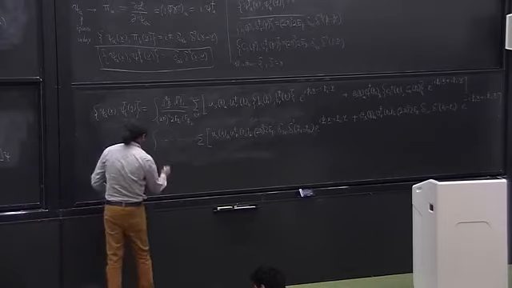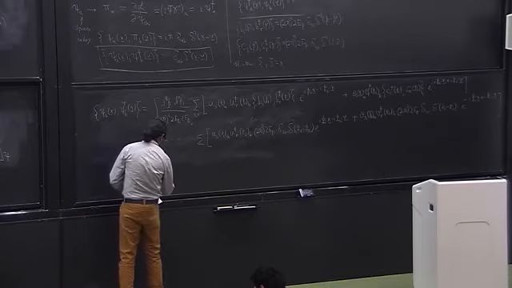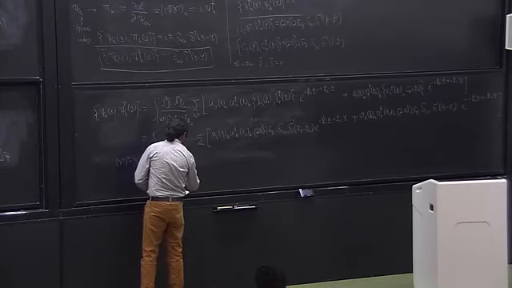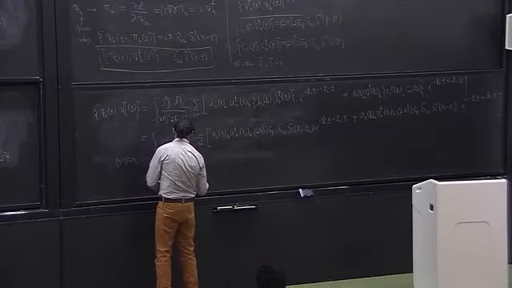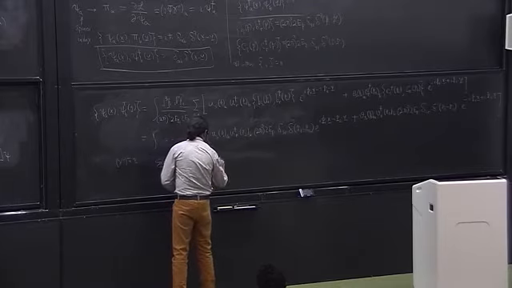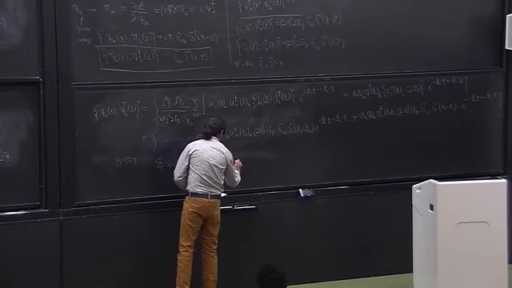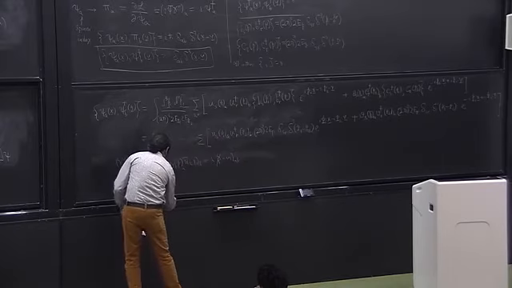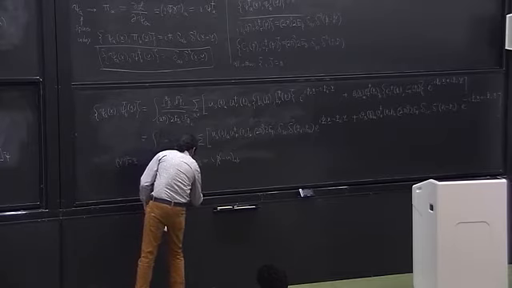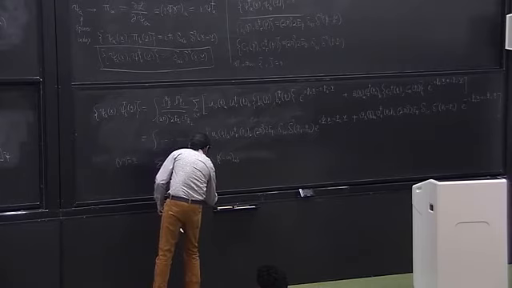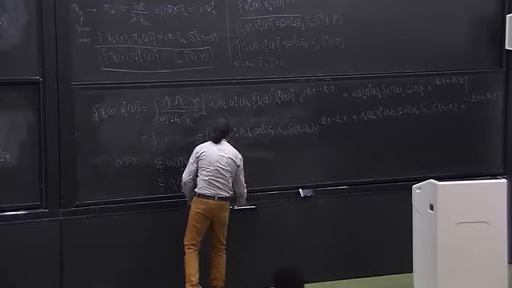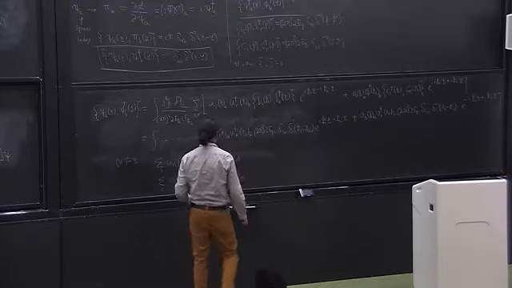And then you can use the completeness relationship for the spinors. So this is our completeness relationship, and similarly for the v's, to rewrite this in the following form.